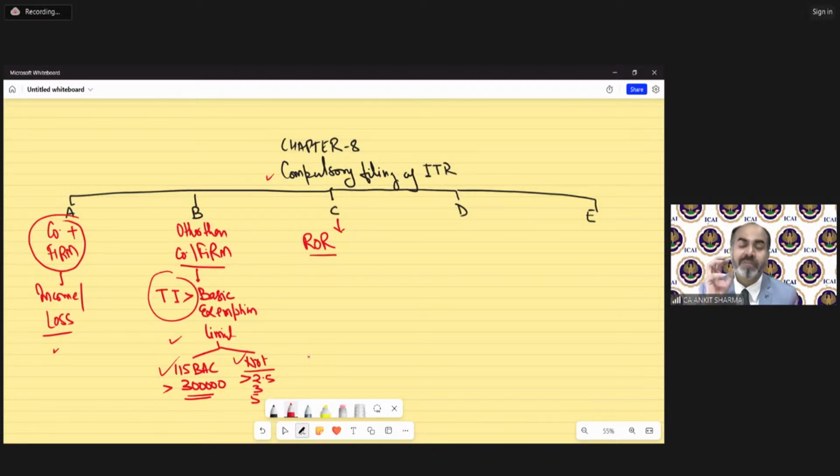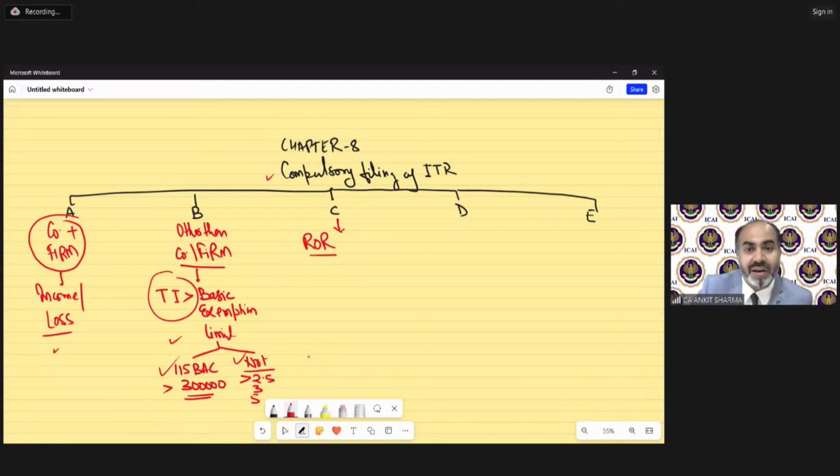Please revise the first chapter and the salary chapter, because that will help you to understand chapter 9 very easily. So all of you, if you are going to join the class on 25th, kindly revise the salary chapter and the basic concept chapter, that is chapter number 1. That will help you.